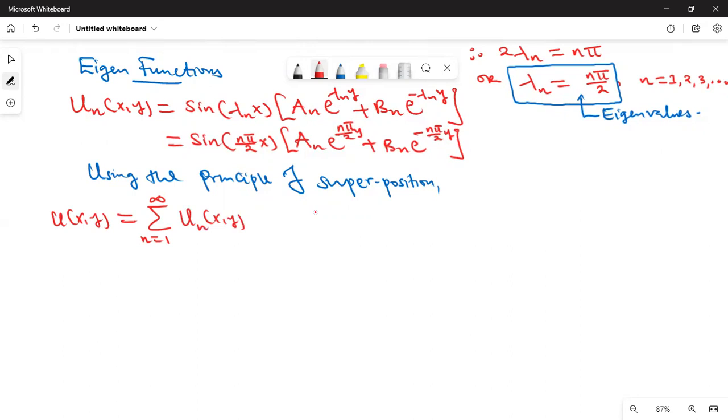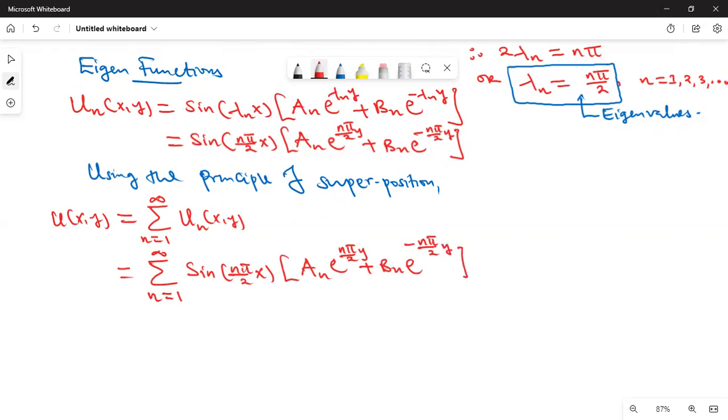And so this is the same as the sum from n equals 1 to infinity of sine n pi over 2 x times a subscript n exponential n pi over 2 y plus b subscript n exponential negative n pi over 2 y. So that's what we have.